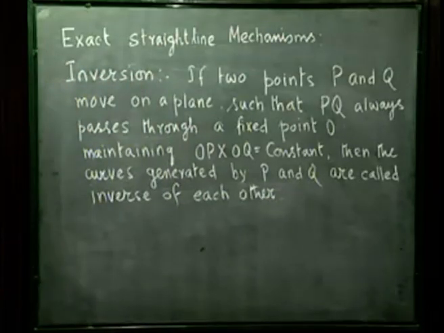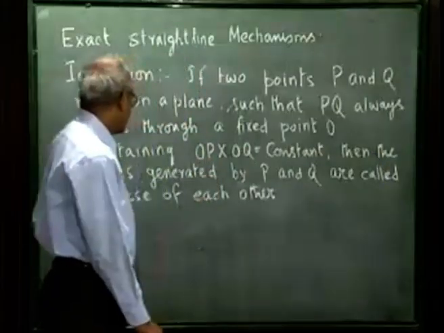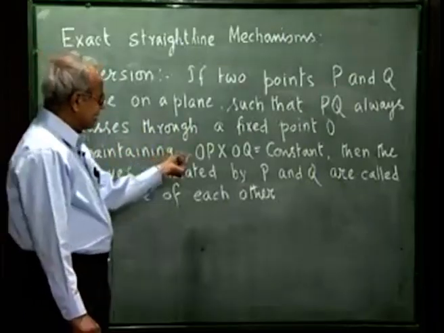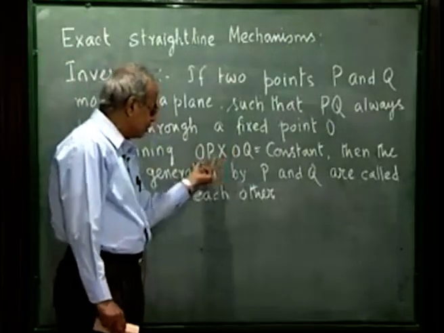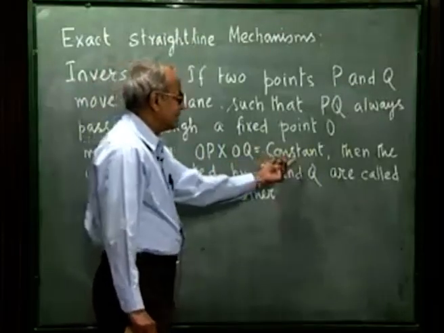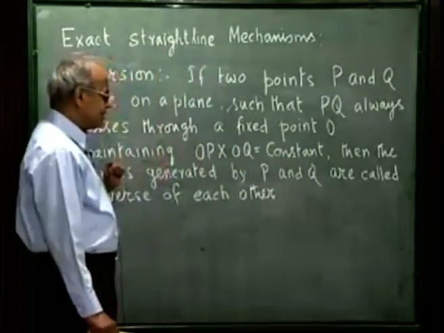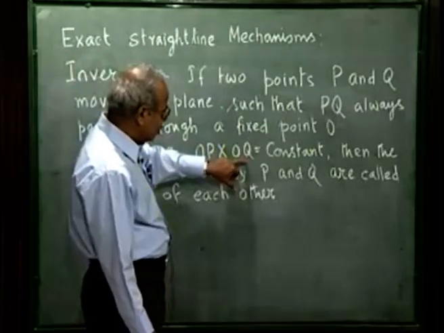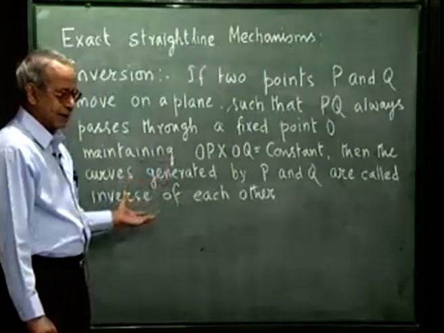Let us see what is this principle of inversion. I am talking of 2 points P and Q which are moving in a plane. But the straight line PQ at all of these configurations passes through a fixed point O. Not only that, P and Q move in such a way that the distance of OP and OQ, the product of these two distances, remains a constant. In such a situation, the curve that is generated by P and that generated by Q are called inverses of each other.